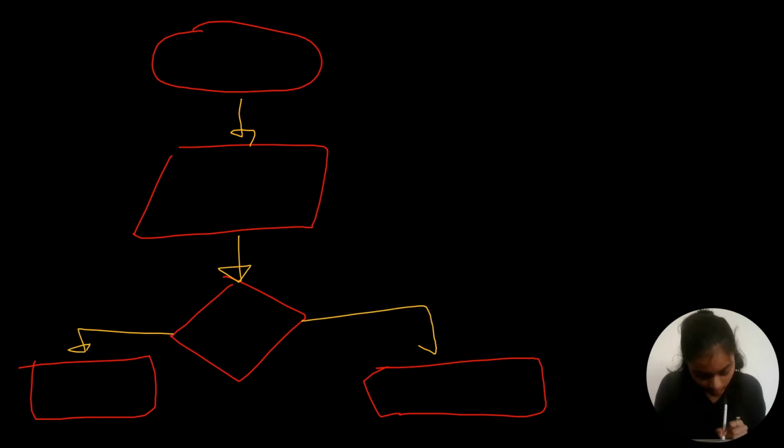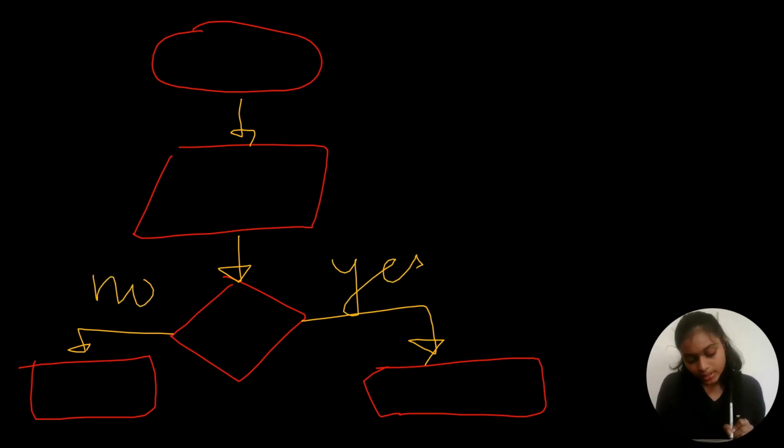Let me change color. Now here I'm indicating this. So if this is yes, it goes this side. If this is no, it goes the other side. Now I have the data. This is to start.